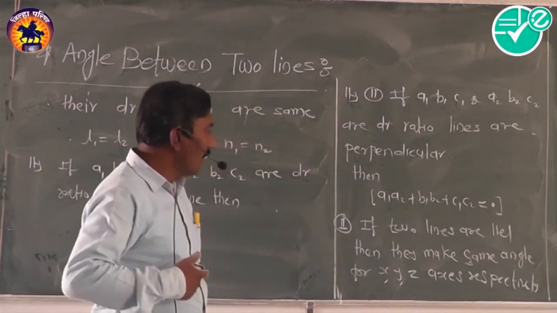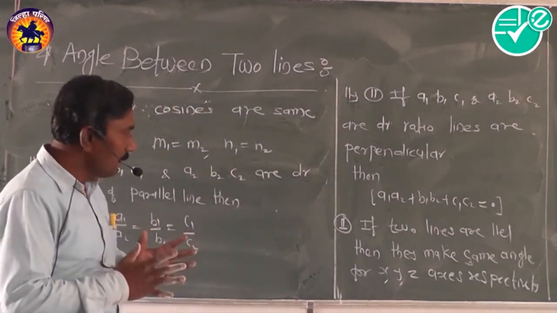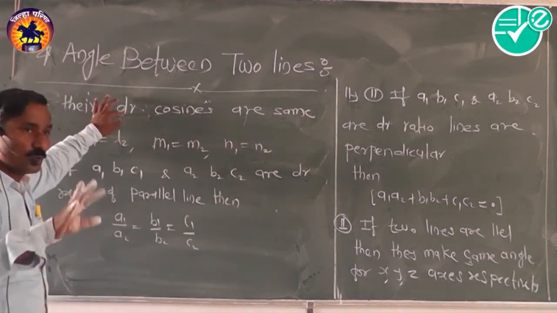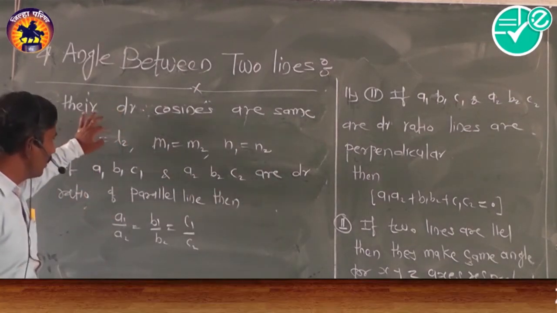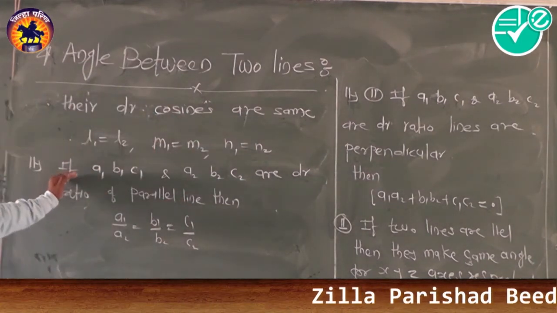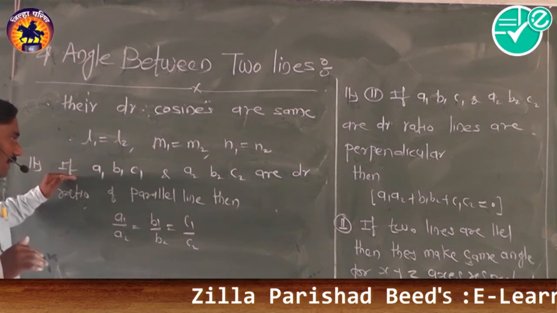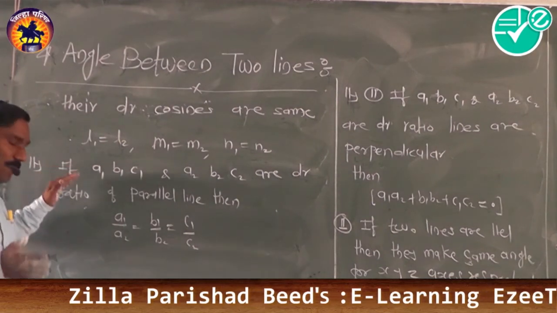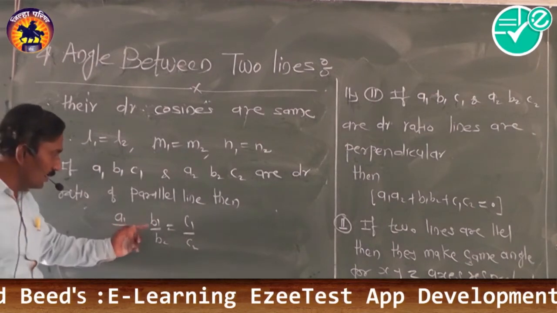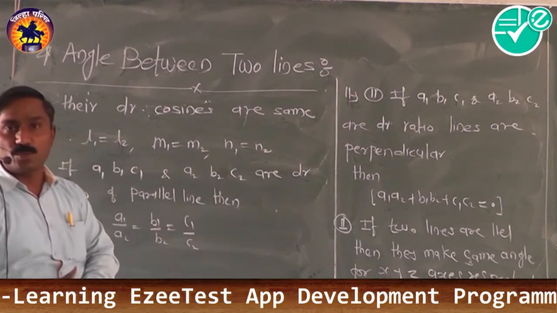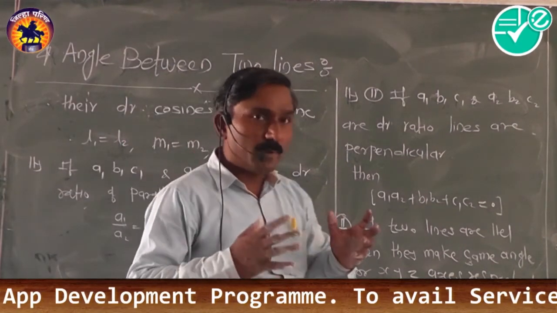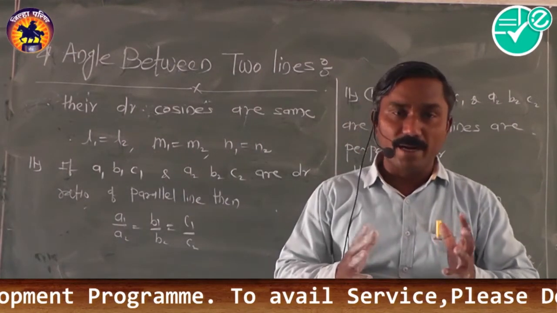If the lines are parallel, then they make the same angles with the x, y, z axes. Therefore the direction cosines are the same: L1 is equal to L2, M1 is equal to M2, N1 is equal to N2. And if the direction ratios of parallel lines are given, then a1 by a2 is equal to b1 by b2 is equal to c1 by c2. So those are the required conditions for lines to be perpendicular and parallel.